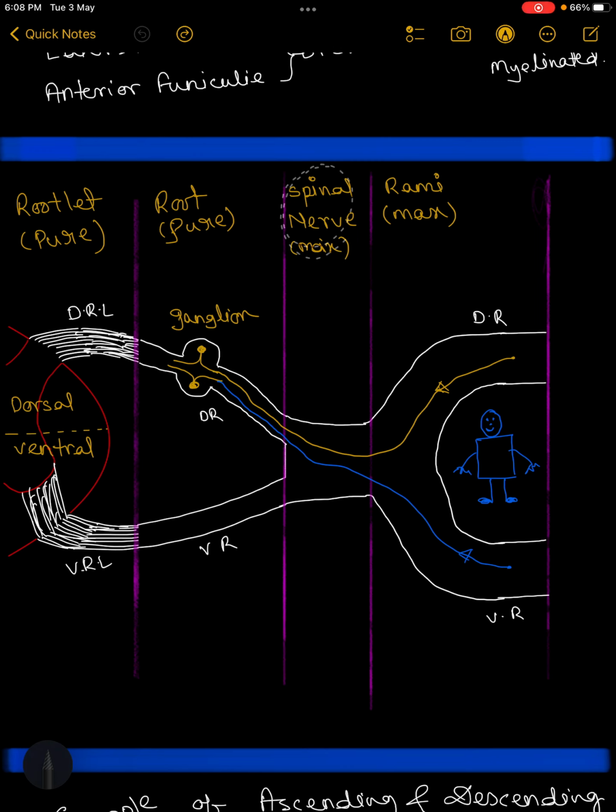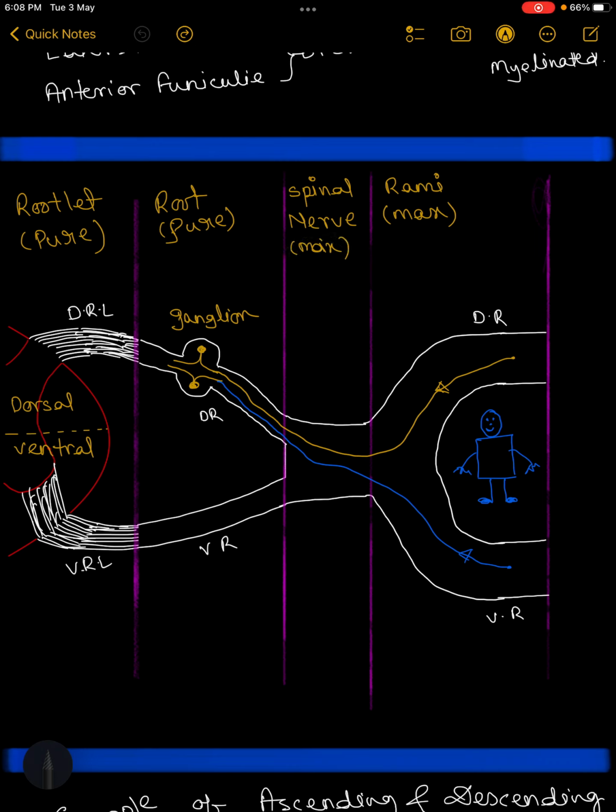The next part is our spinal nerve. You can easily appreciate these things. The spinal nerve is formed when the dorsal root and ventral root fuse together. So we can say that the spinal nerve is mixed because it carries both sensory and motor information.